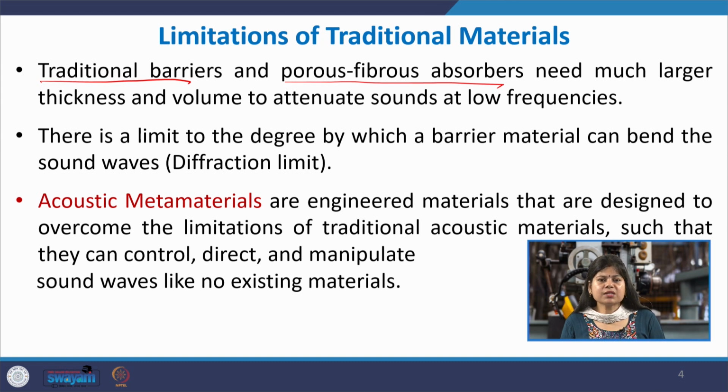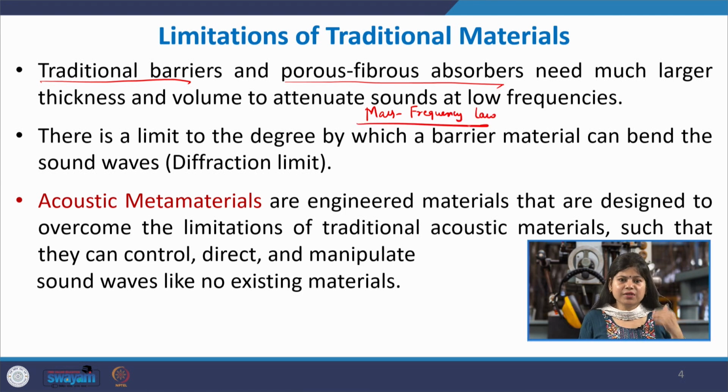But the low frequency sounds, because the frequency is low, the wavelength becomes much longer. And we have something called the mass frequency law, which if you are interested you can study on your own from the books, but for this course we are not discussing the physics behind it.